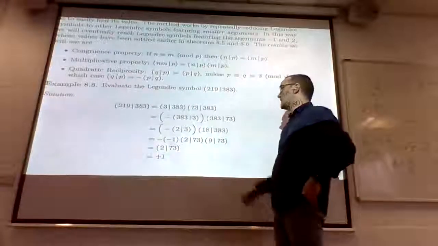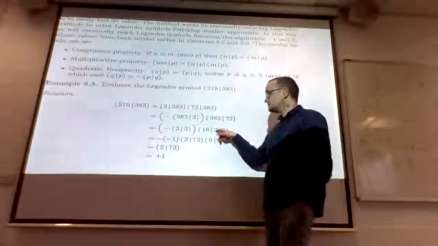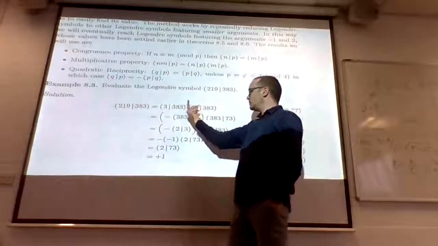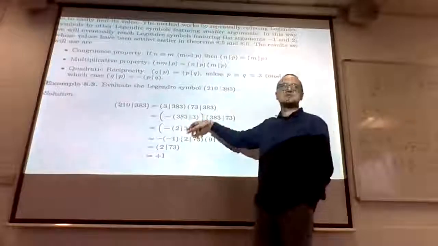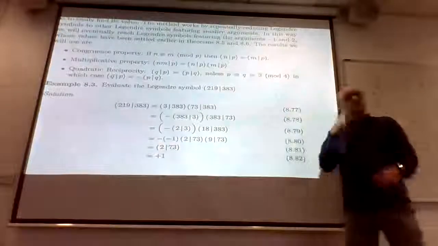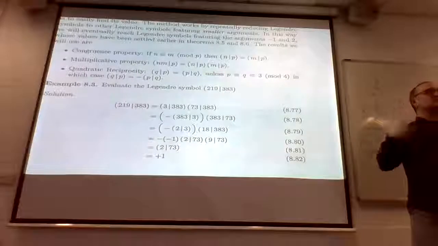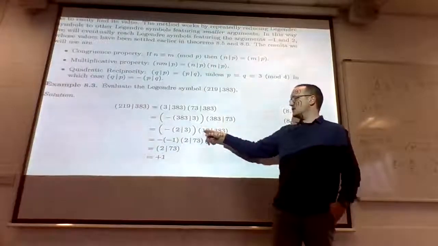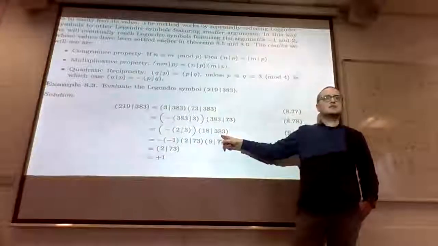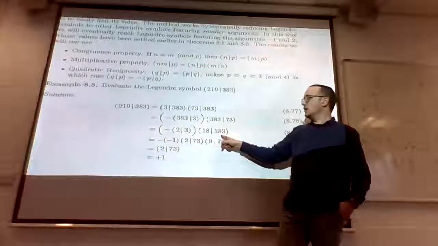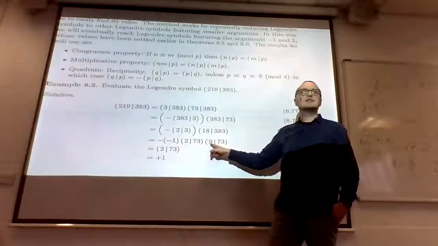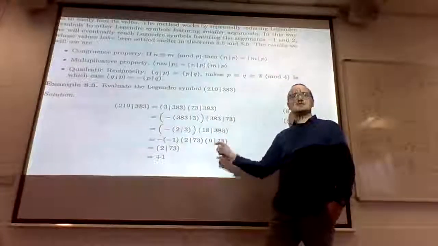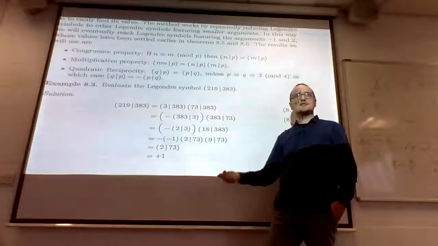What is 18 mod 73? Well, what did we do here? We factorized, we flipped, and we reduced. Those are algorithmic steps which we can keep doing. So when you're asking yourself, what is the residue status of 18 modulo 73? Well, we'll factorize it first. And the idea is you factorize, flip, reduce, factorize, flip, reduce, factorize, flip, reduce.